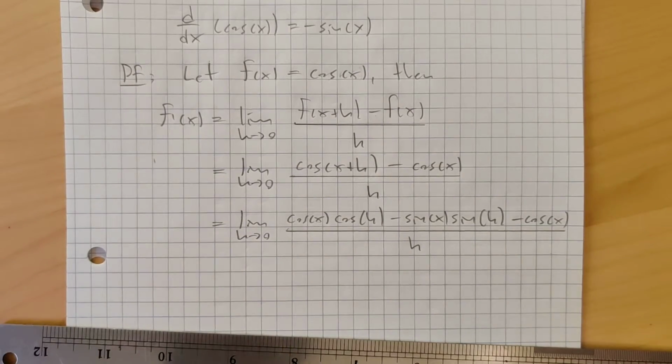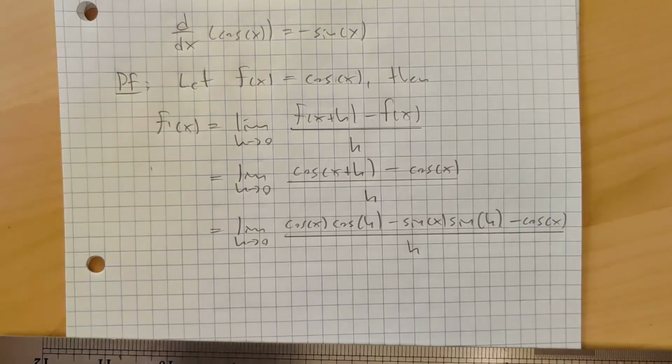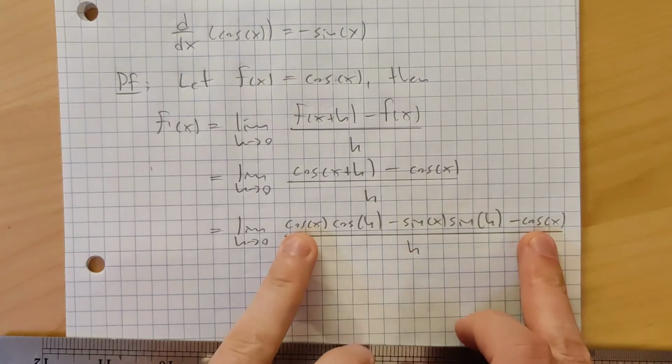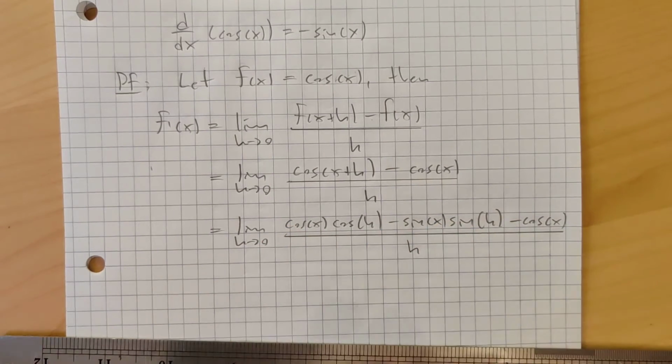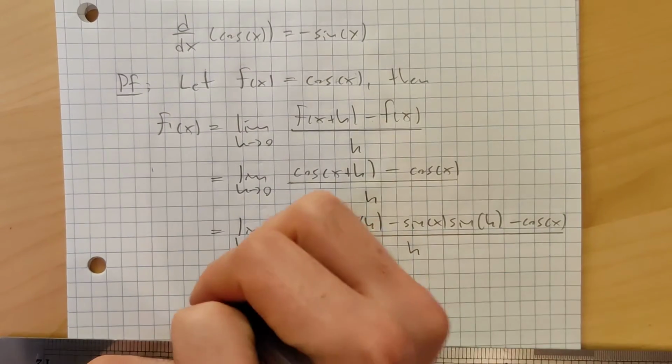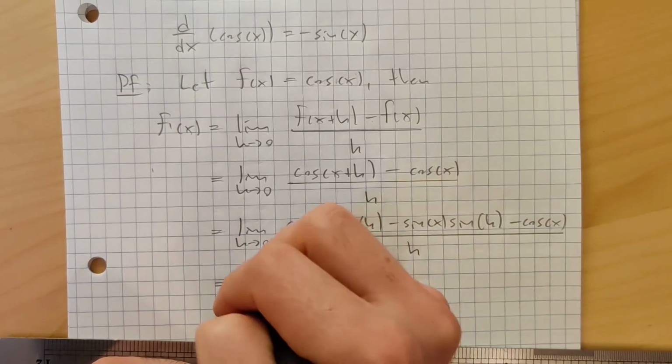Now, just like for the sine rule, we're going to do the same thing. We're going to put the two cosine of x terms together, and then we're going to have this other term left over. So we're going to group together the cos of x terms and the sine of x terms.